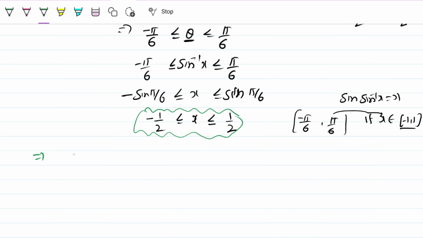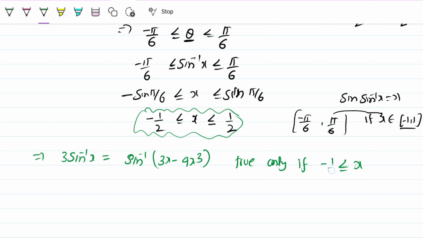It implies 3 sin inverse x equals sin inverse of 3x minus 4x cube, true only if x is greater than or equal to minus 1 by 2 and less than or equal to 1 by 2.